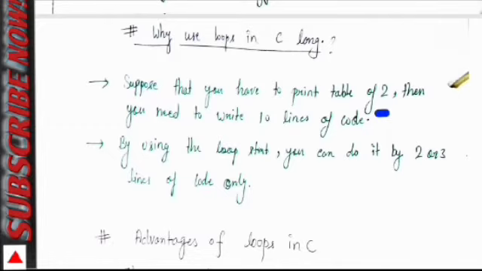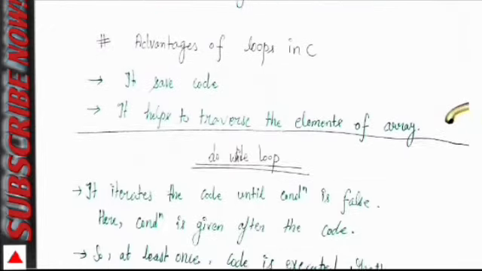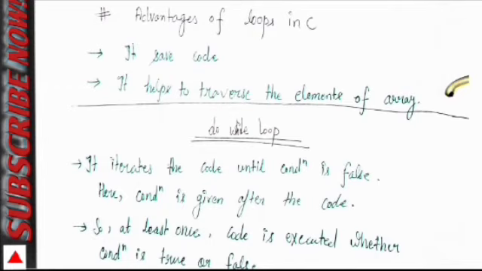Now, what are the advantages of loops in C language? Firstly, it saves code, meaning lines of code are reduced, and it helps to traverse the elements of an array.